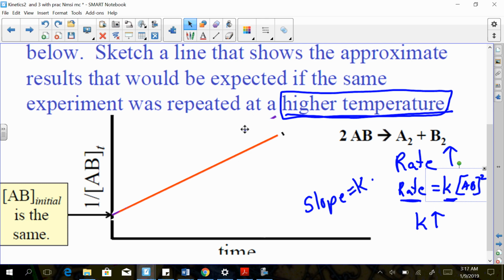The slope gets steeper. So if we look at that, the slope on that graph would get steeper. And so this would be the line for that reaction at a higher temperature.